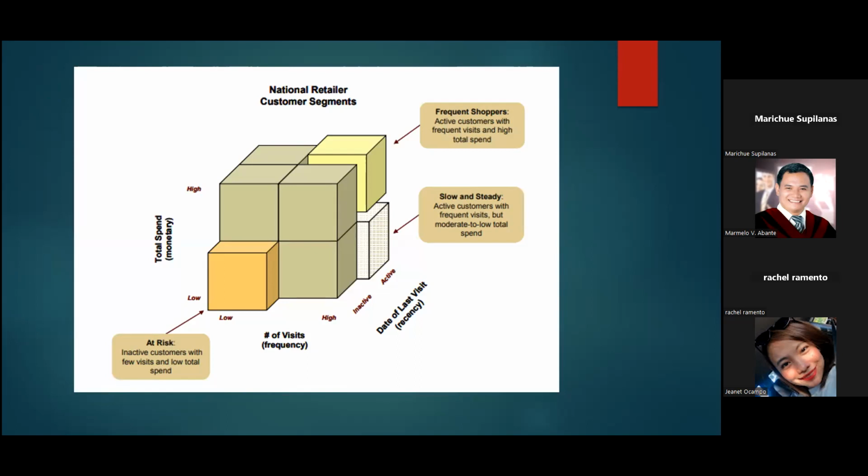Frequent shoppers are the retailer's best customers, shopping regularly and spending a large amount per visit. For the frequent shopper segment, the primary marketing objective: the customers in this segment generate the most profit for the organization. It is critical that the national retailer maximize retention of these best customers.